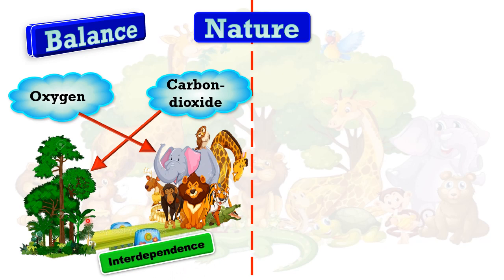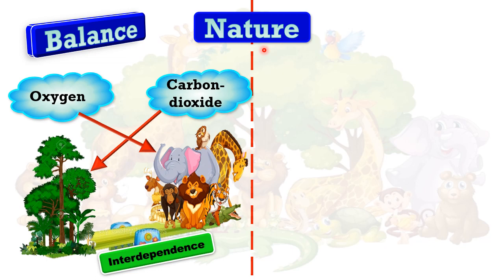So when the transfer of energy is maintained properly, then nature will be balanced. How? Oxygen is given out by the plants and food is used by animals, and what do animals give to plants? Carbon dioxide. And when this interdependence is balanced, our nature will be balanced. A very good example of flow of energy is the food chain, which we will be discussing later in detail.